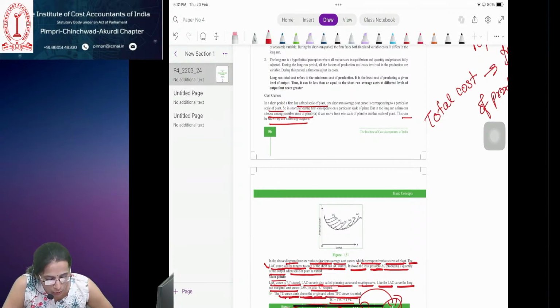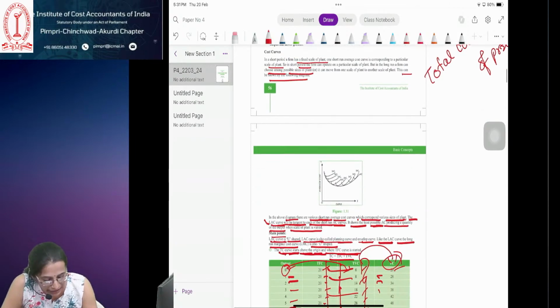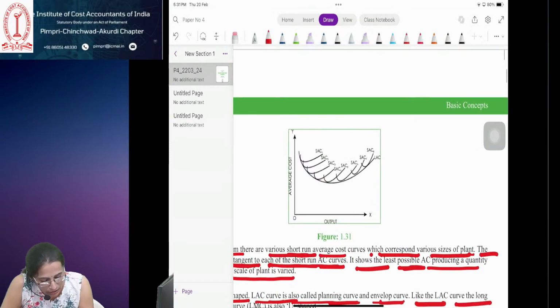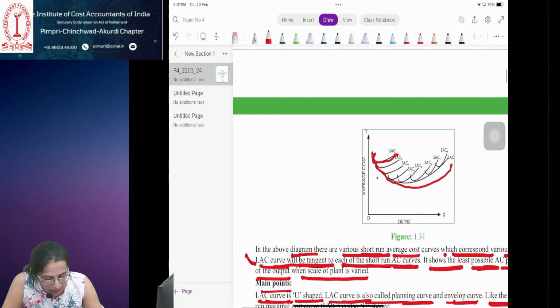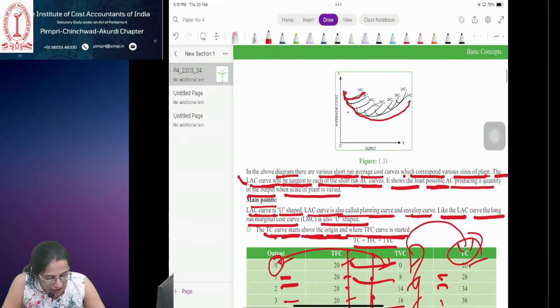This can be shown with the following diagram. For the short-term average cost, the scale of production is the same. But for the long run average cost, the scale of production keeps changing. In the diagram, there are various short-run average costs which correspond to various sizes of plant.